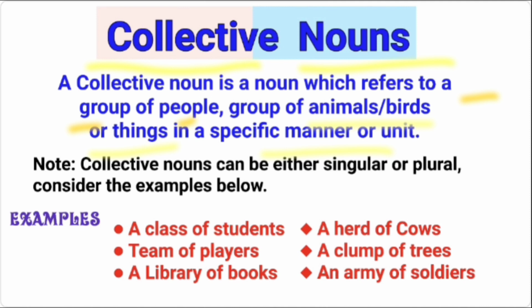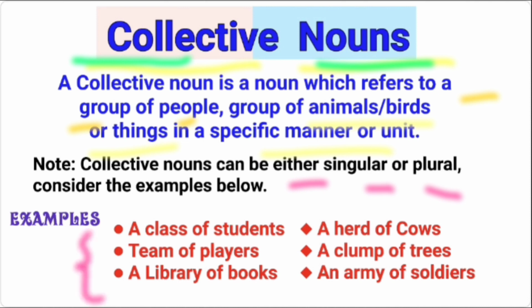So students, as it is clear by the name of the definition, in collective nouns you find a collection of people, animals, words, or things. And here is a note for you: collective nouns can be either singular or plural also. And here are a few examples for you.